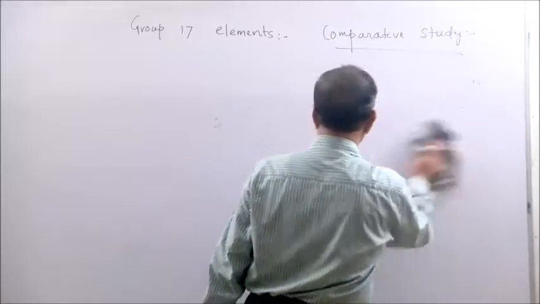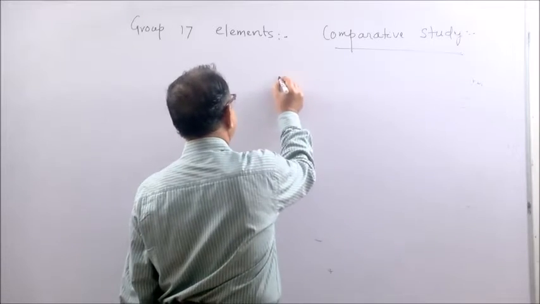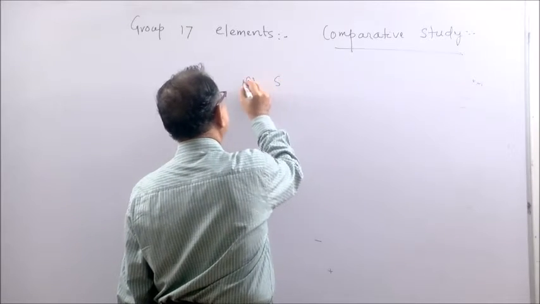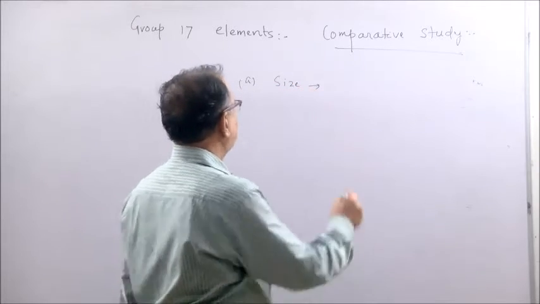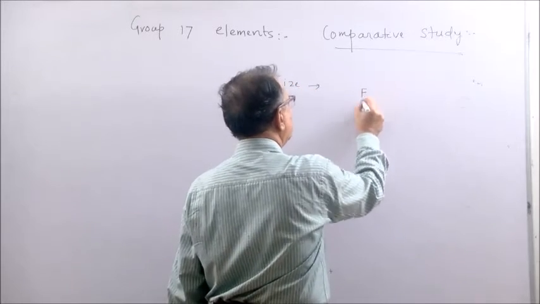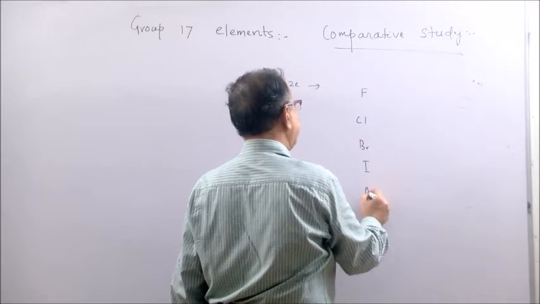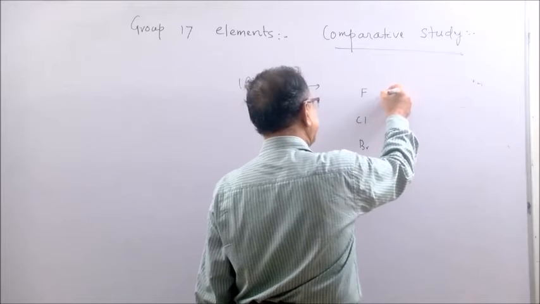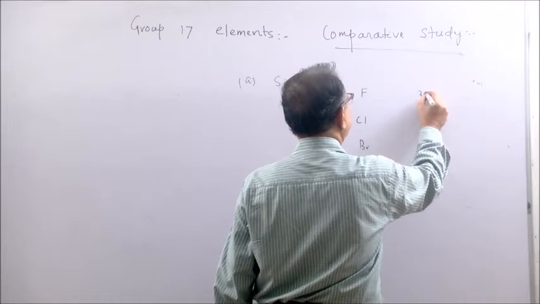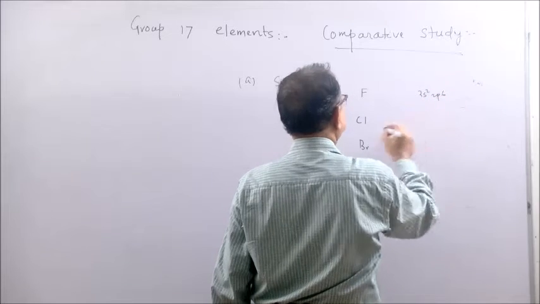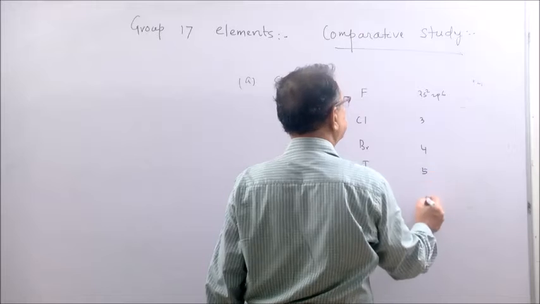I will discuss first size, number A, size. From fluorine, chlorine, bromine, iodine, astatine, the size increases because the number of shells increases. Here it is 2, 3, 4, 5, 6.